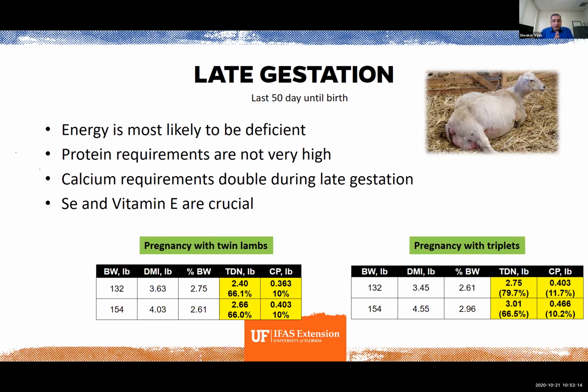That's why we say that energy is most likely to be deficient in this phase of the production system as compared to protein. Okay, calcium requirements double during late gestation, and selenium and vitamin E are crucial, and that's why it is very important to formulate diets for the late gestation ewes.